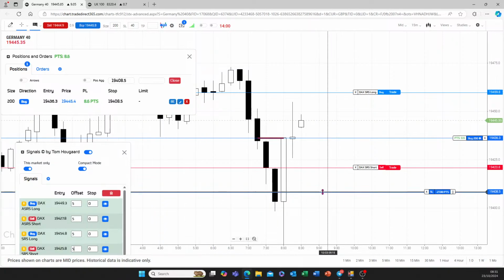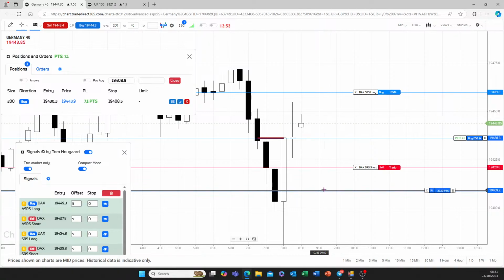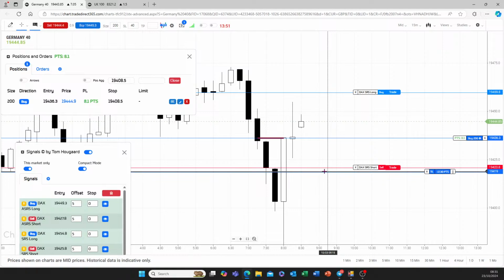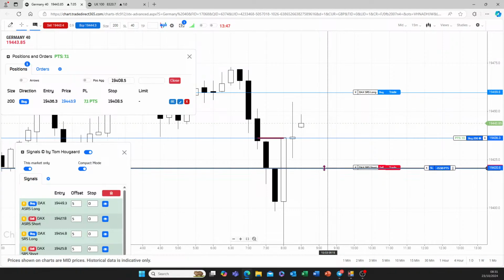So having a stop loss where I have it right now doesn't make any sense. So I will have to move it. So the stop loss is now at 1921.